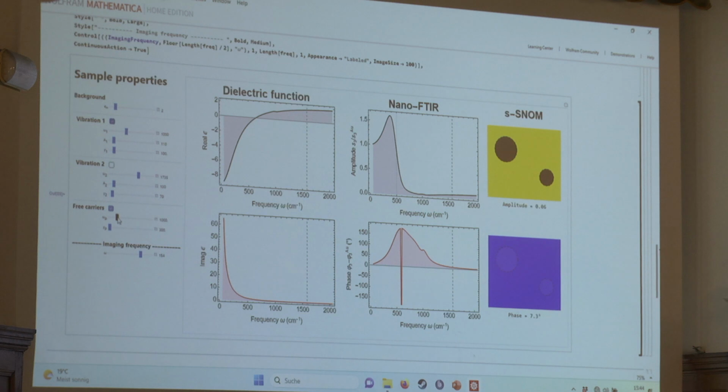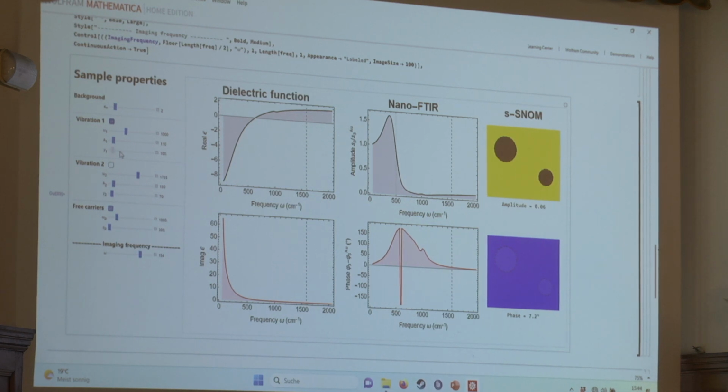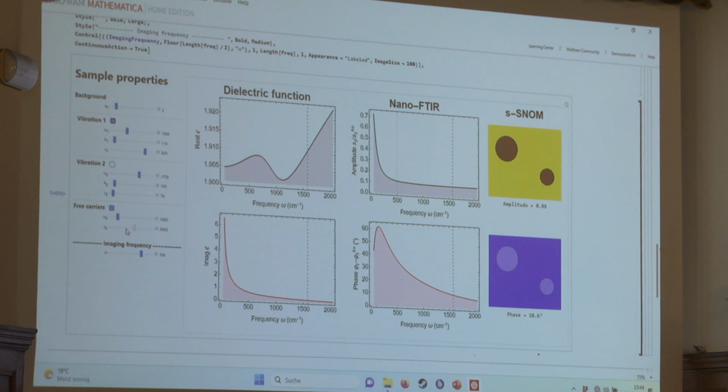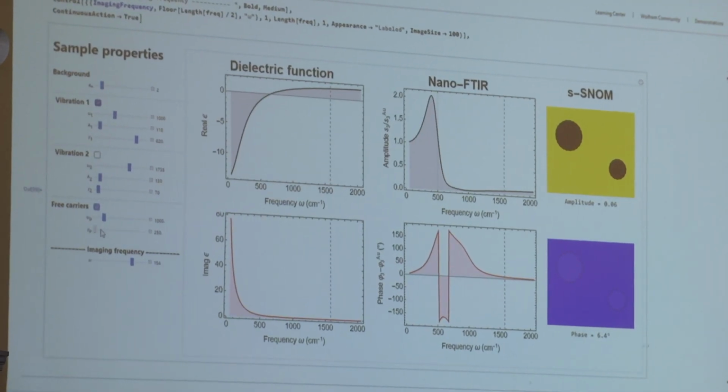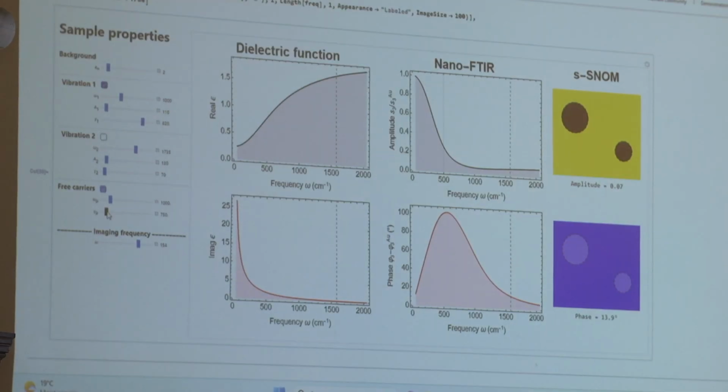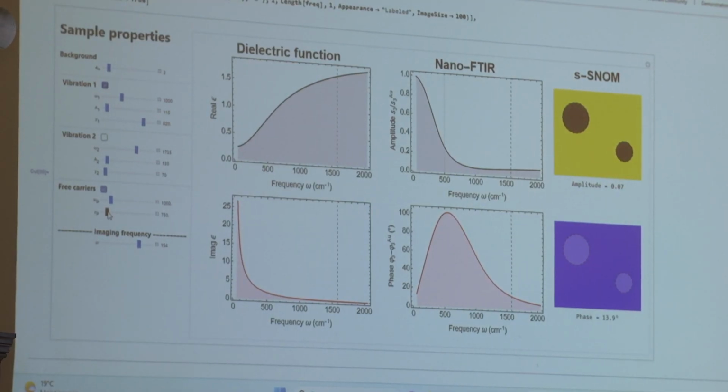This is now a very good conductor. If we increase the damping a bit, we make the properties a bit worse. Now we see for very low frequencies, we observe a higher reflectivity, and for high frequencies, we observe low reflectivity.